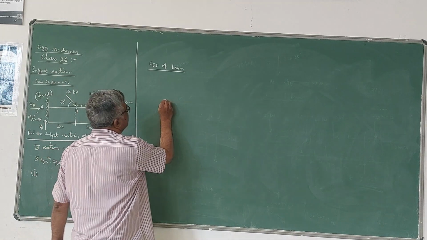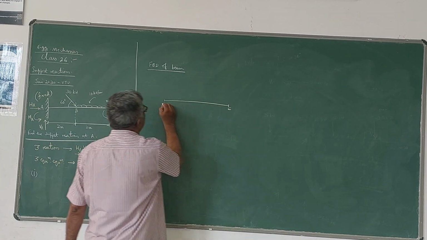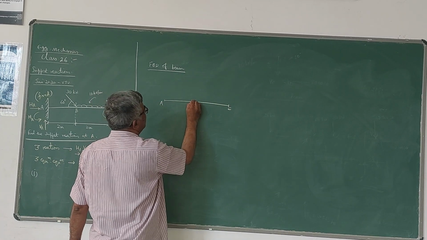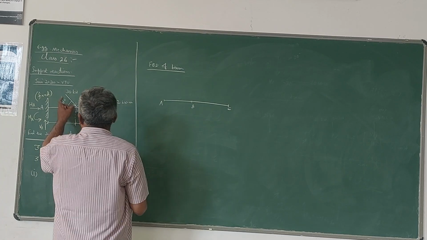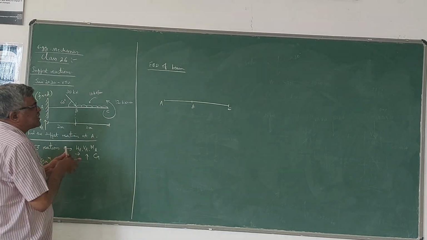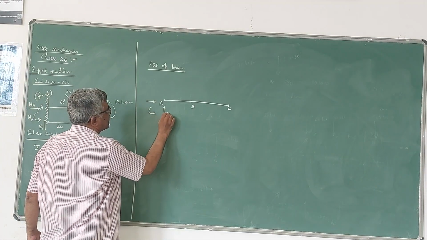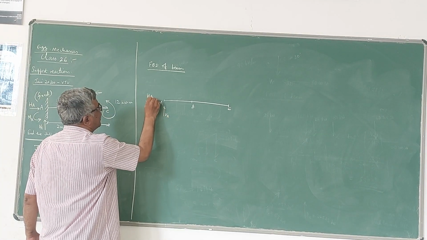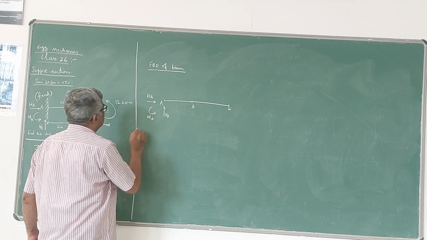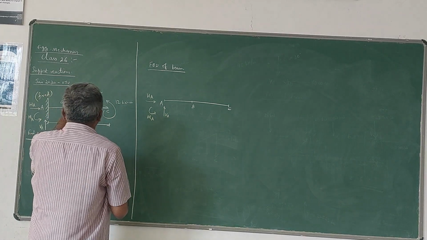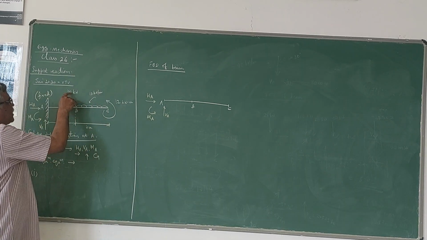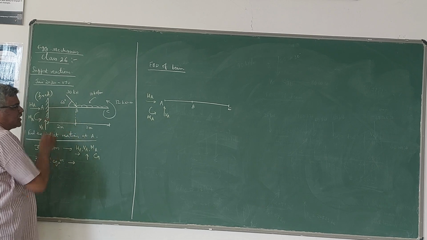Now the free body diagram of the beam AC will be like this: A, B, C. I have to show these reactions HA, VA and MA. Then I have to write the forces acting. Here I have to resolve this 30 kN because it is inclined.